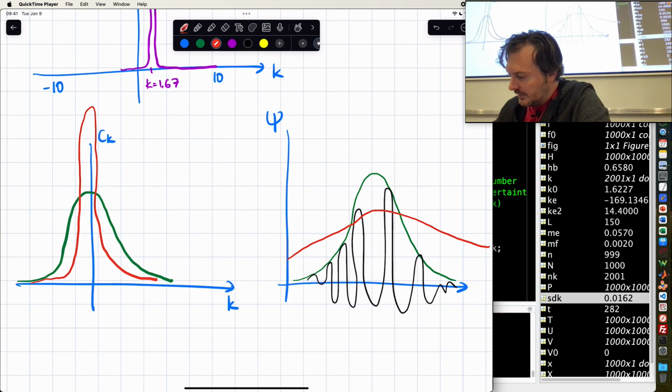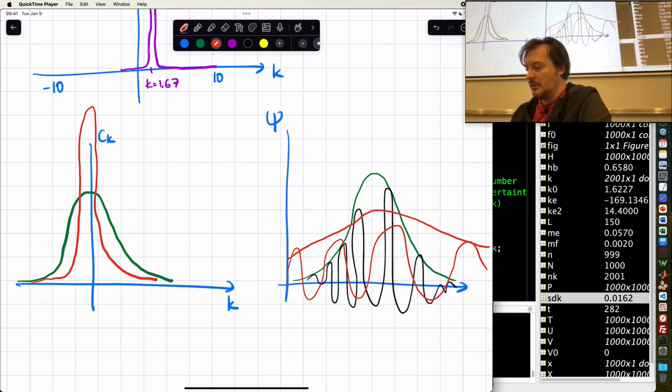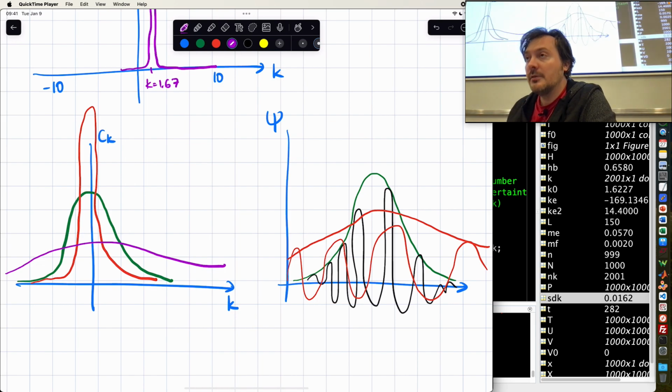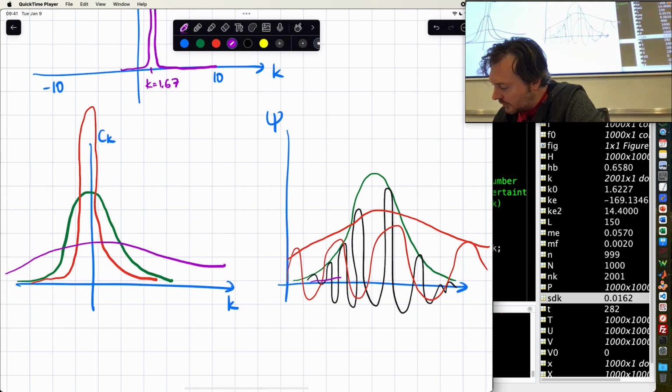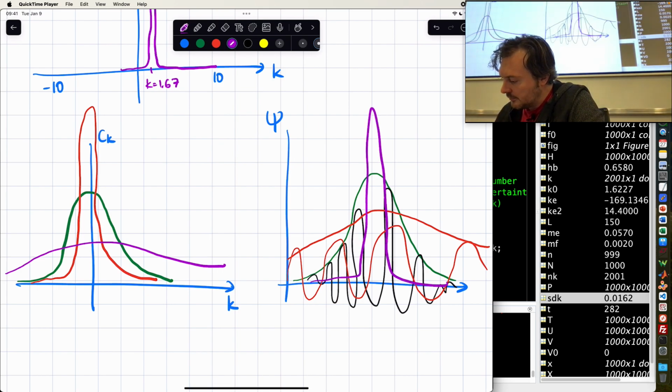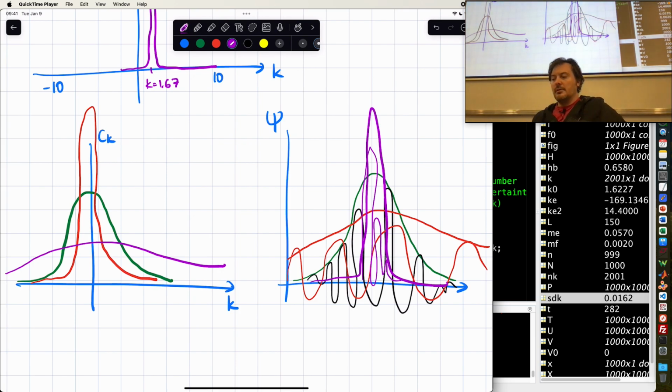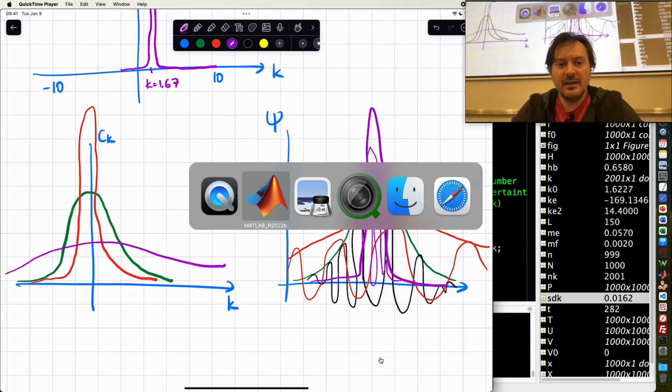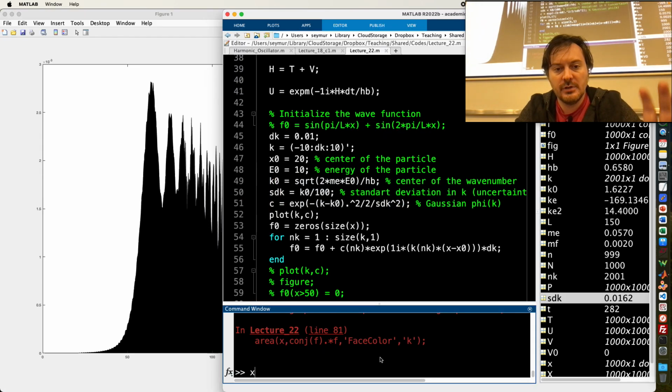So that red one will be more like this. Are you following? And more spread out here, and more localized here. Does it make sense? Is it Heisenberg? Yes, it's Heisenberg. Exactly. It's Heisenberg's uncertainty principle, and you are witnessing it.